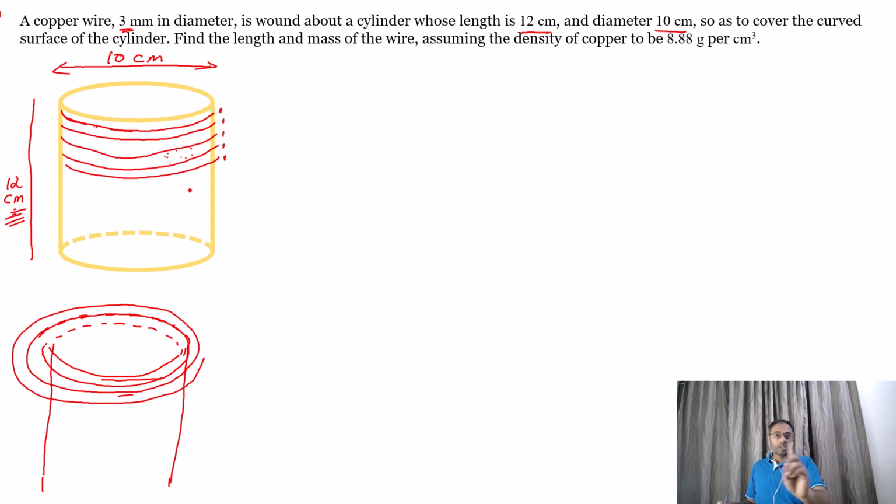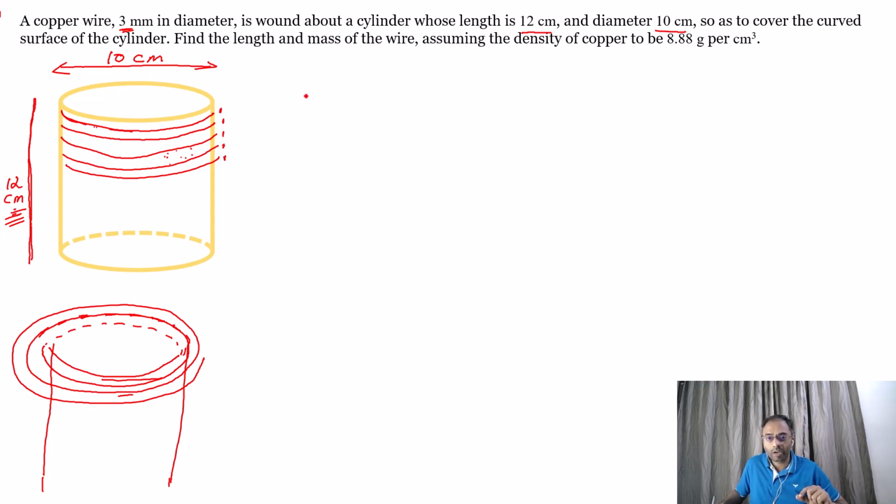Like this, you might have multiple circles of the copper wire to completely cover the 12 centimeters length of the cylinder. Like this 3 millimeters, you might need so many circles.